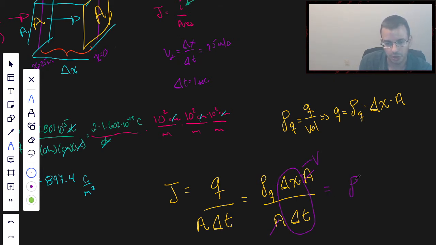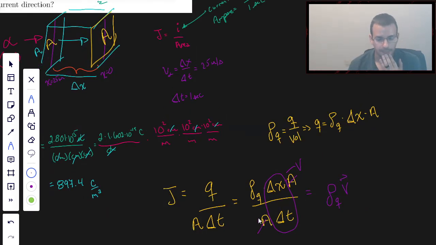And so you will often see current density written as the charge density times the velocity of the charges. And that's pretty much all it is for J, the current density. I know it feels like a long explanation just to get to something where you could say, just memorize the formula.